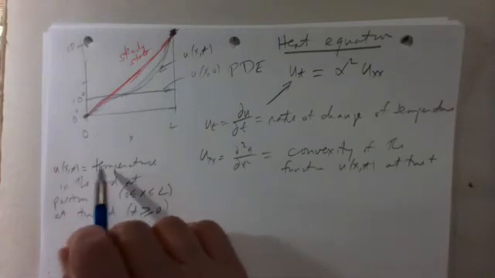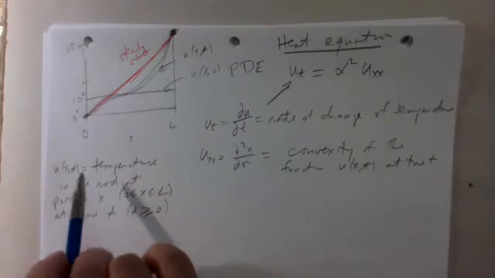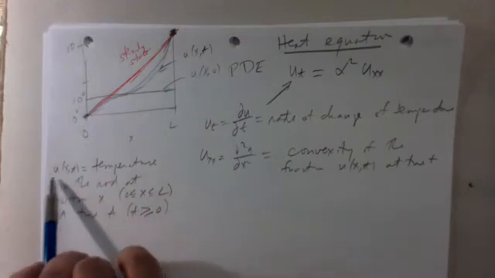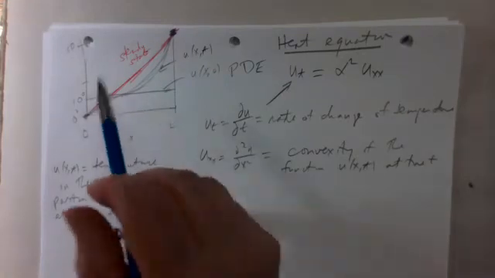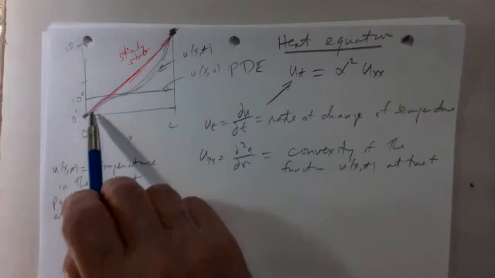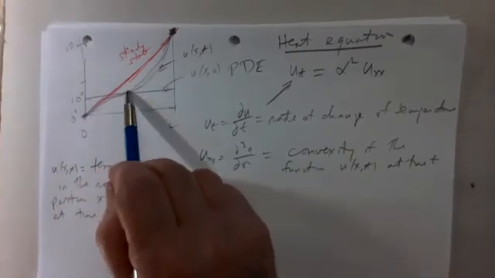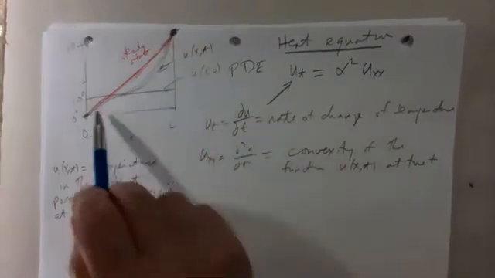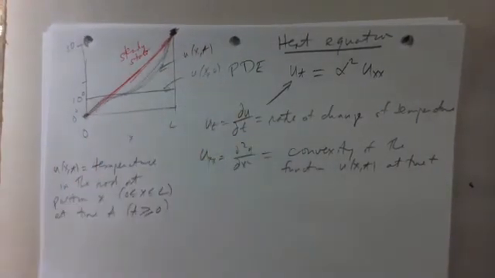So u of x, t is the temperature at time t at position x. So if you fix t and you plot u of x, that's what I've done here, for a certain value of t, let's say, a minute after you start, the temperature will be 0, start to increase, and end up at 50. So here the rod is cooling, here the rod is heating.